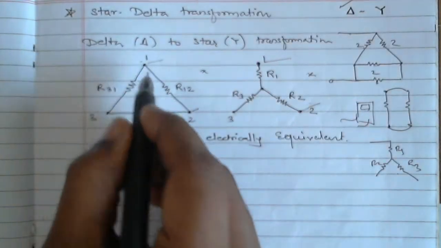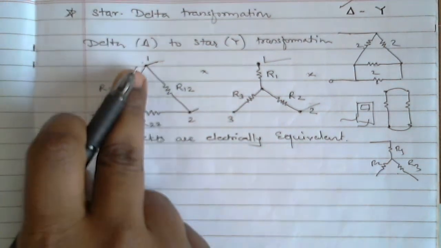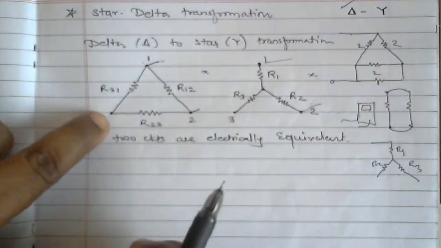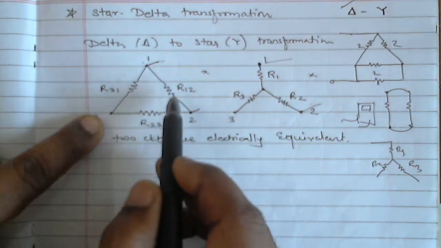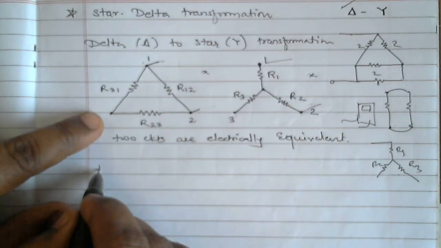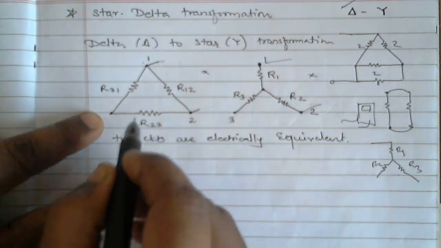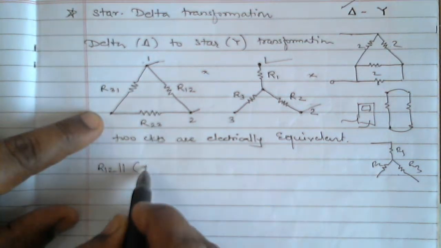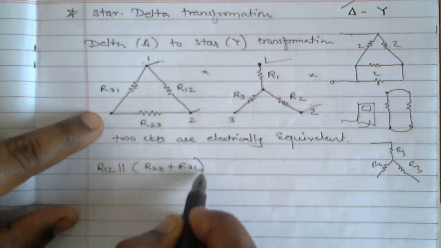Now between 1 and 2, we will consider terminals 1 and 2. When I consider terminals 1 and 2, this terminal vanishes and these two become in series. So what is the resistance between 1 and 2? It is R12 in parallel with the series combination of these two, that is R23 plus R31.